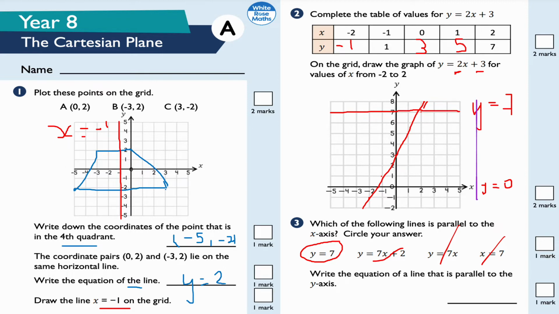Y equals 7x goes through the point 0, 0, and it's a line that looks like that, roughly, obviously a bit steeper. And y equals 7x plus 2, well, that's very similar to this line here, but it looks something like that. Obviously I've done it a bit too steep there, but it goes through.